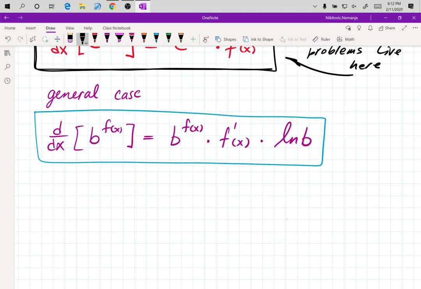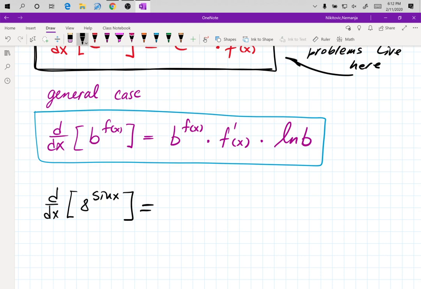But let's do the example for this. What is the derivative of 8 raised to the sine x? This is on your first exam. I am going to ask the formula you are never going to use, because the other formula is going to be included in other stuff anyway.